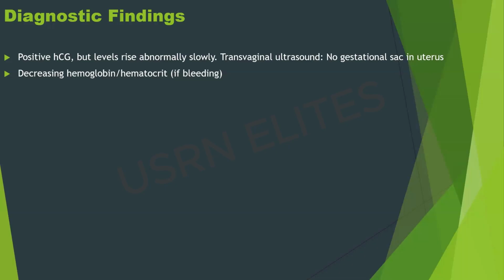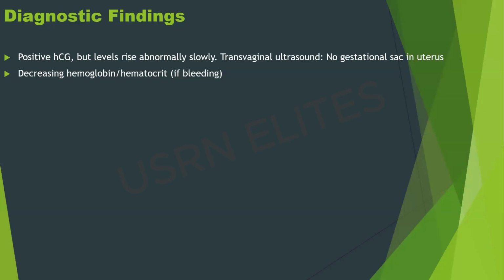And we can do a transvaginal ultrasound. So once you go in transvaginally, are you going to see any sac in there? No, because the implantation is not occurring in the uterus. So there won't be any gestational sac in the uterus when you do a transvaginal ultrasound.